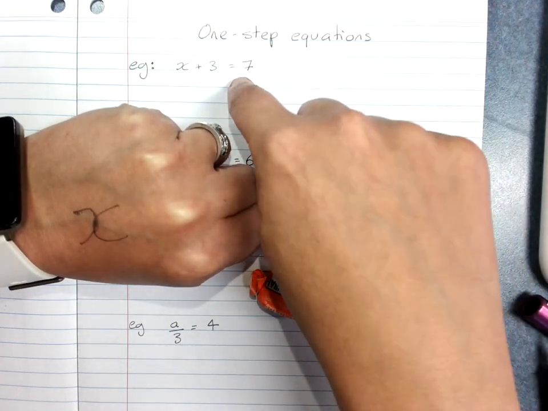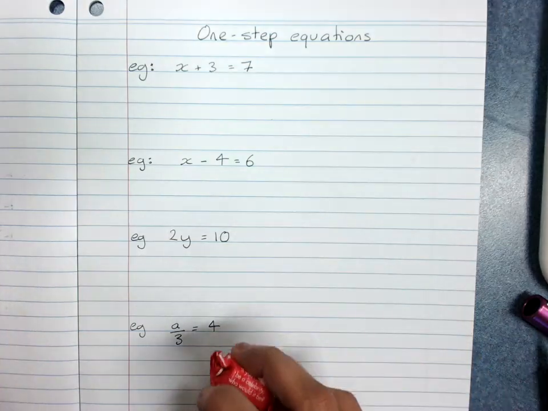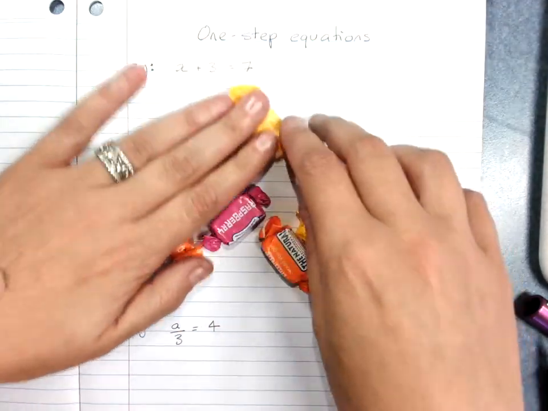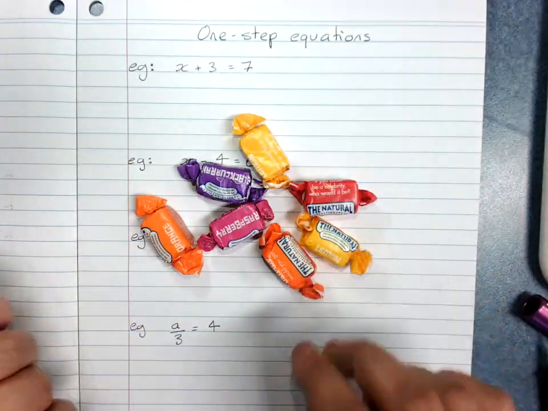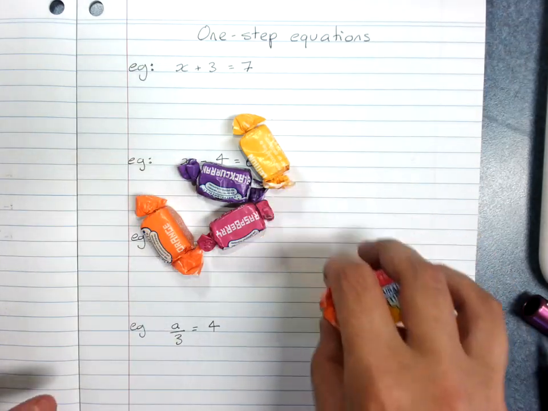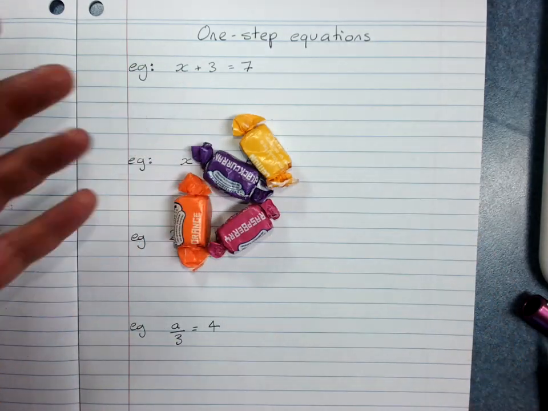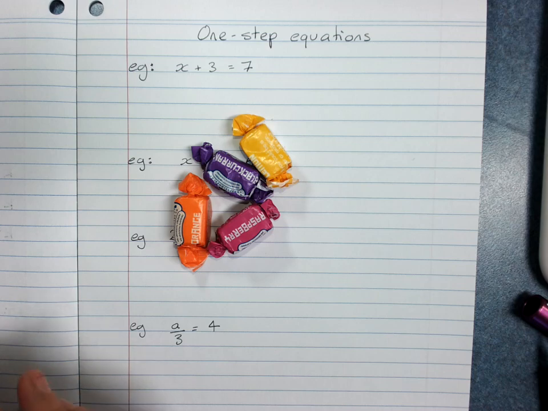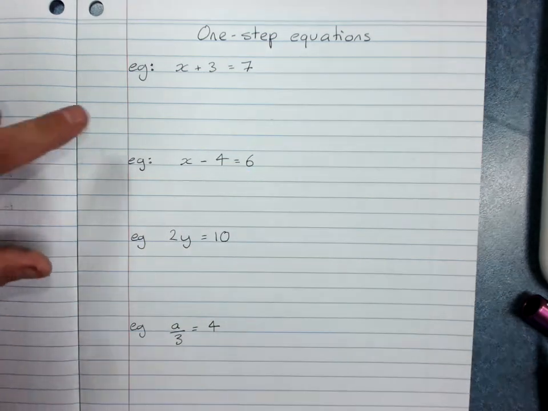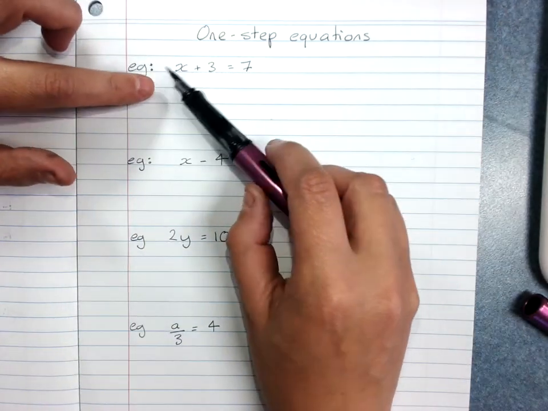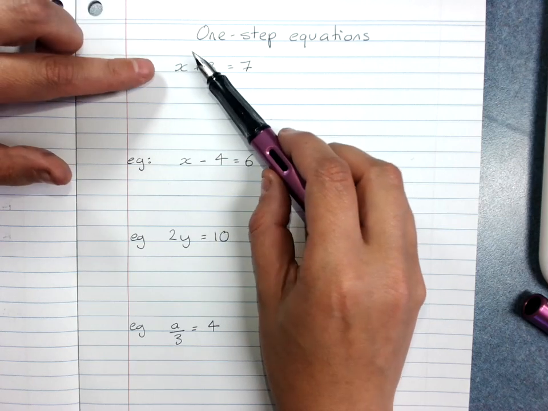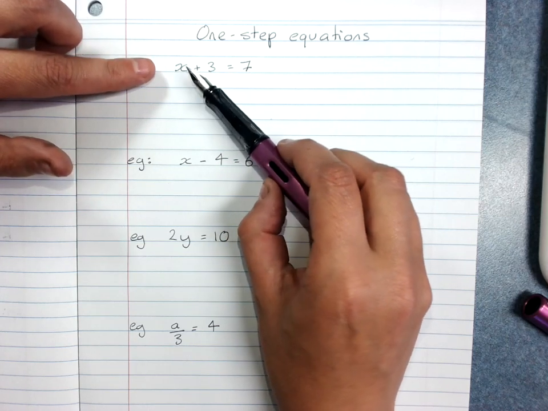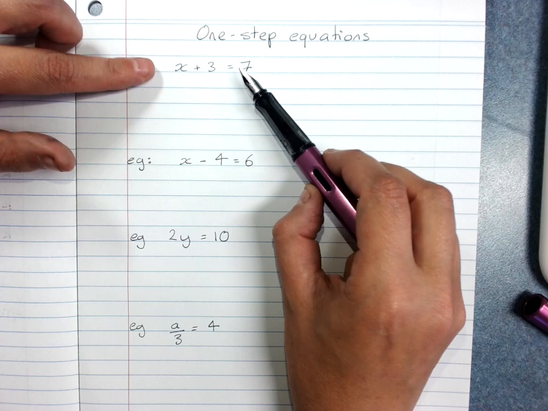Obviously, knowing that this is 7, to work out what I had in my hand to start with, I've got to take away those 3, and oh hey, I had 4. Another way of thinking about it is saying, I started with X, I added 3, and I got 7.